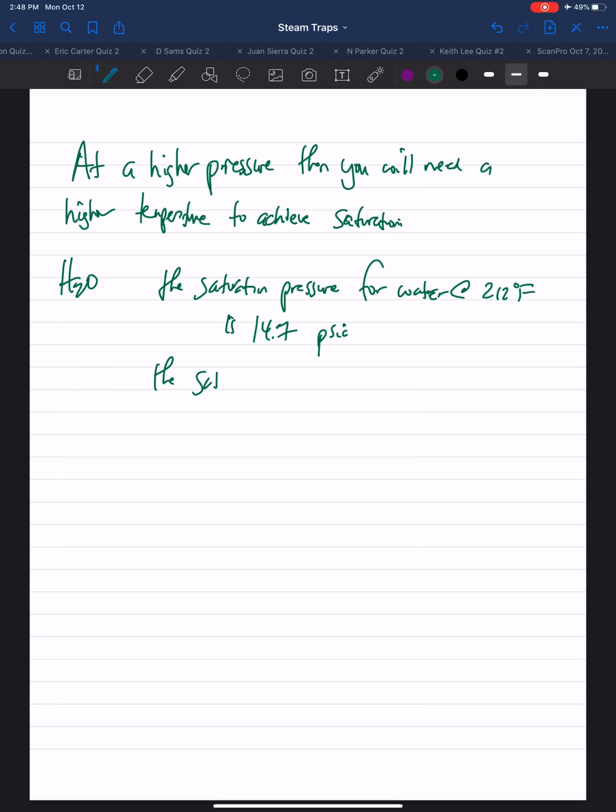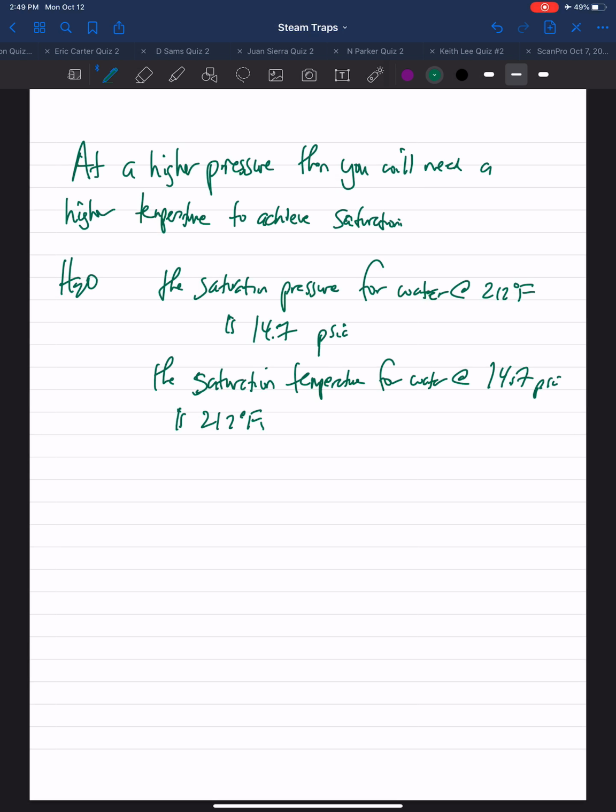And the saturation temperature for water at 14.7 psi absolute is 212 degrees Fahrenheit.